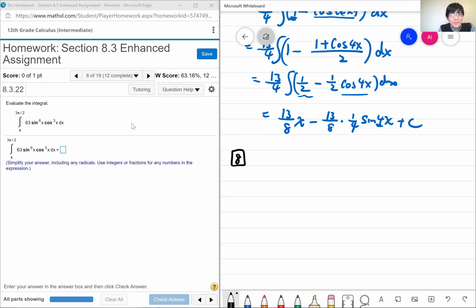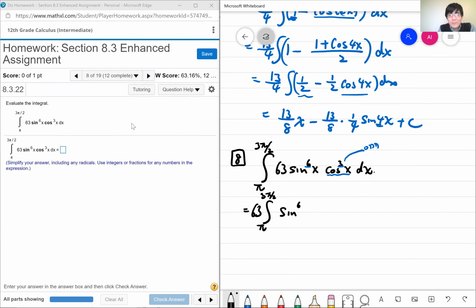Okay, now you have a power of 6 and power of 3. Number 8. So now you have a mixture of even and odd, but if one of them is odd, use this. So this is the odd one. So we can use this part to break down into single power and the double power. 63 is okay, we can leave it outside.